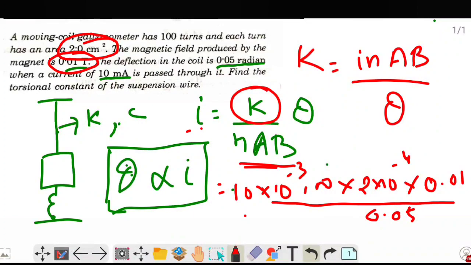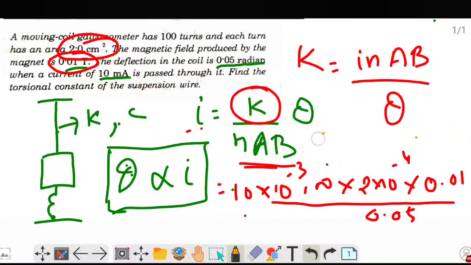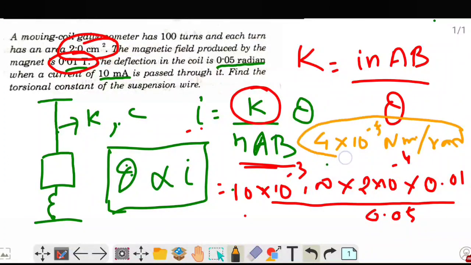If you simplify this, you will get the result as 4 into 10 power minus 5 Newton meter per radian. So this will be the final answer.